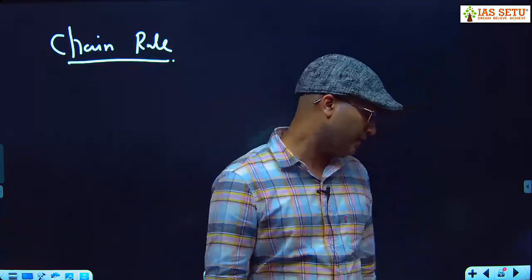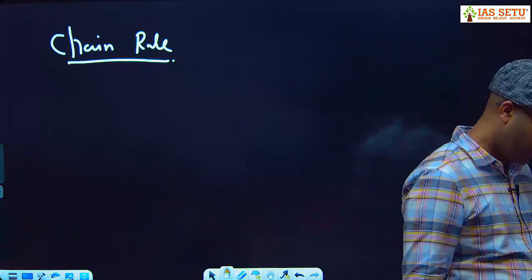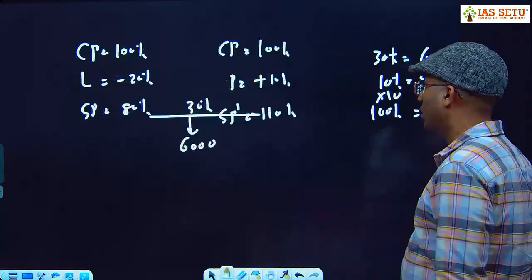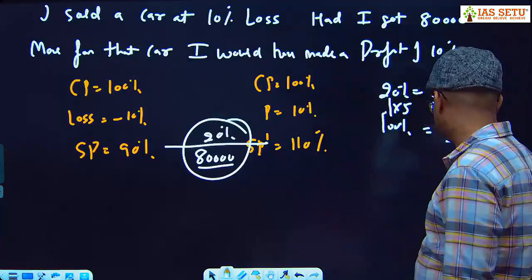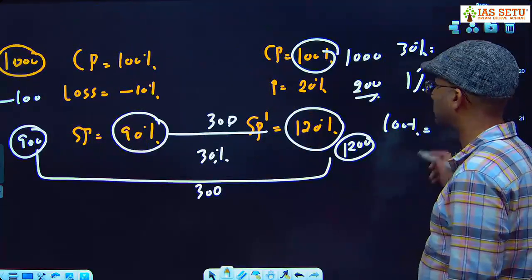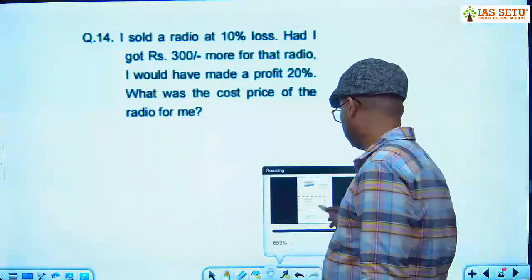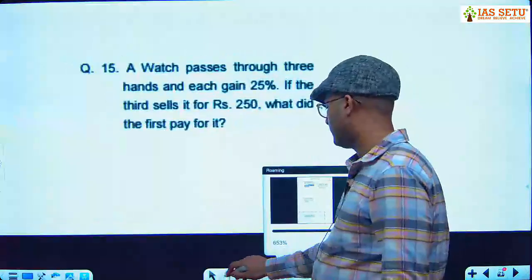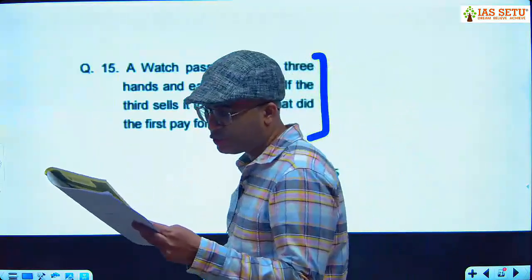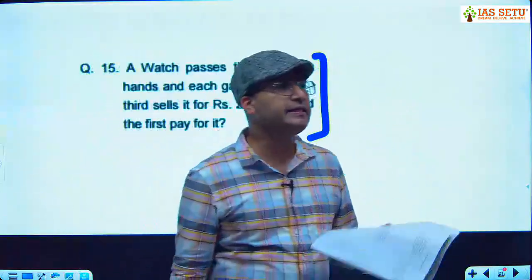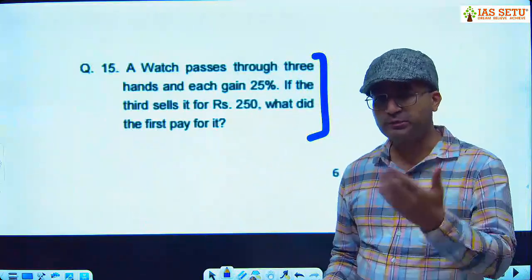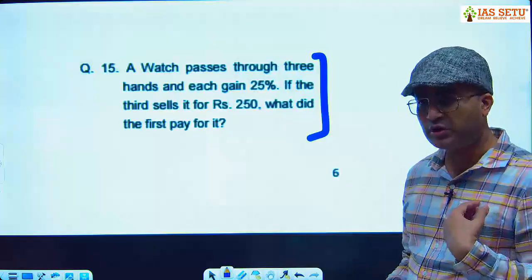Like here we have a question in our handout. Question number 15: a watch passes through 3 hands and each gains 25%. I make profit 25%.